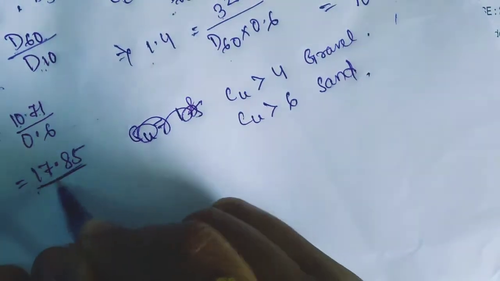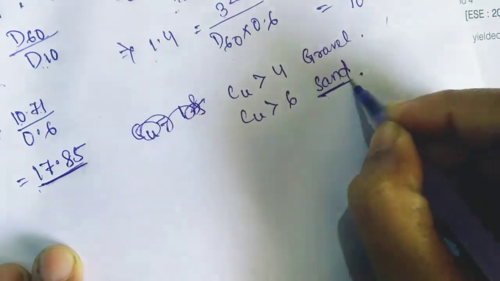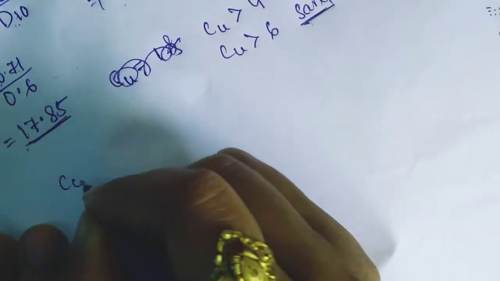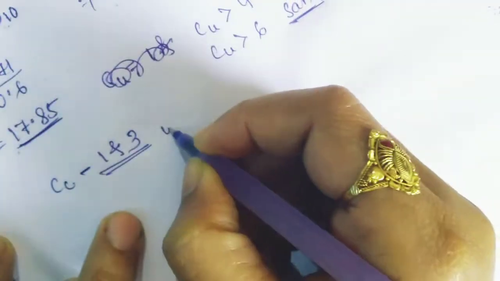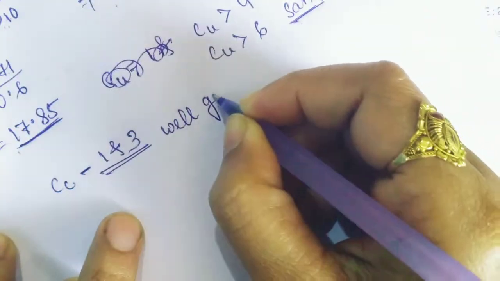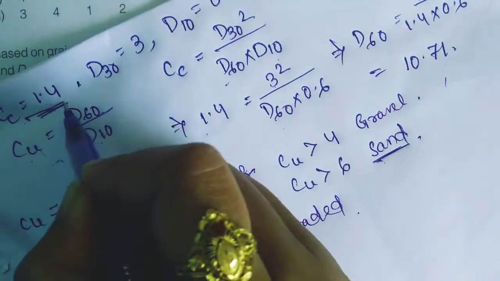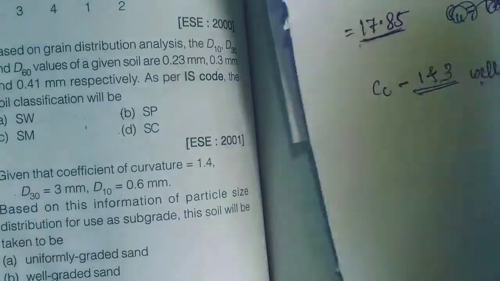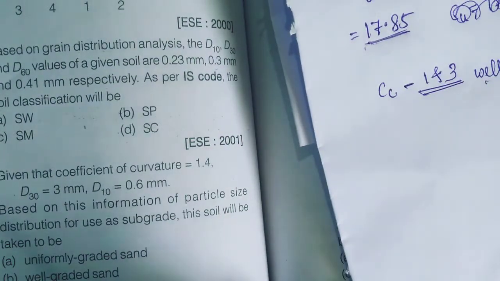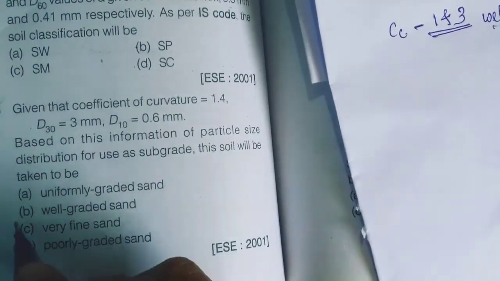So this one is greater than 6, so it will be sand. Next, Cc value if lies between 1 and 3, then that will be well graded soil. So our Cc value is given 1.4, so this will be well graded sand. Here it is option given, well graded sand, option B.